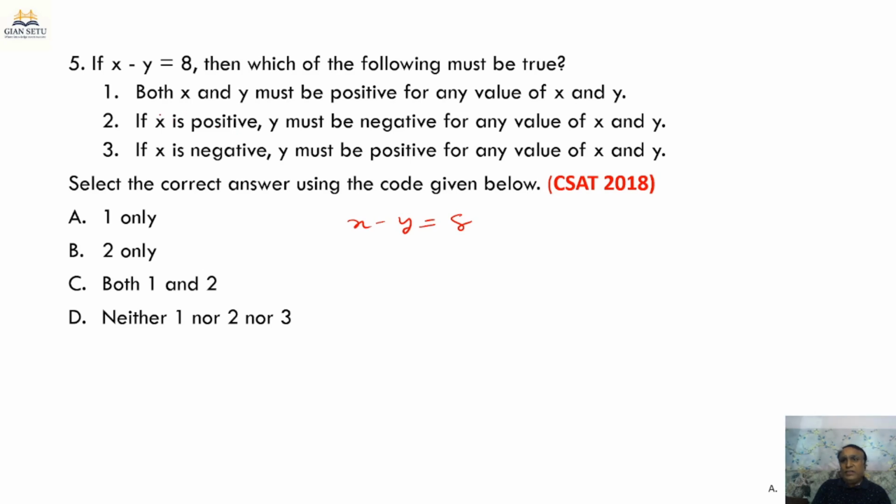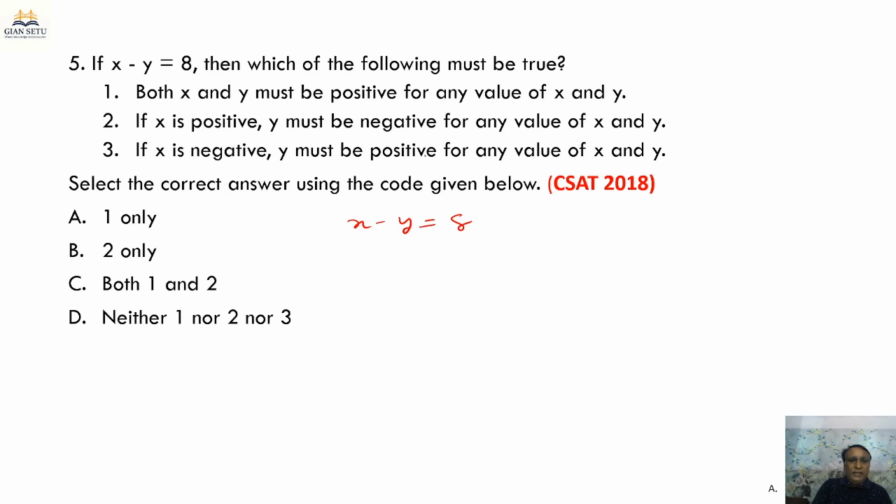As per the first statement, both x and y must be positive. We will look for two such values of x and y for which this statement is wrong.